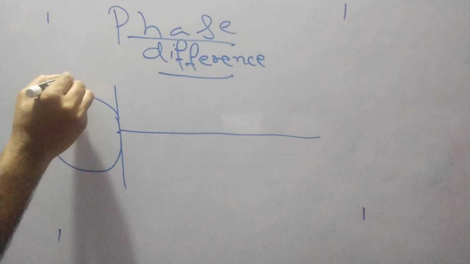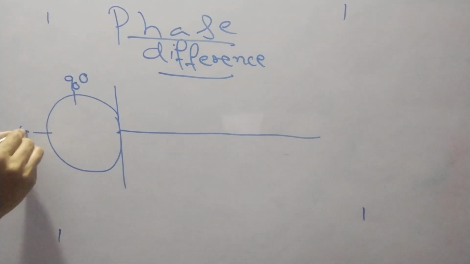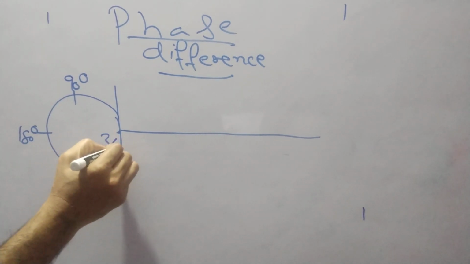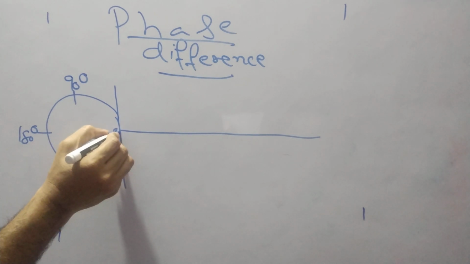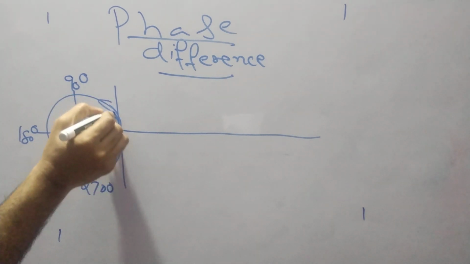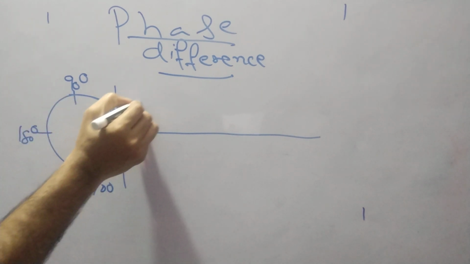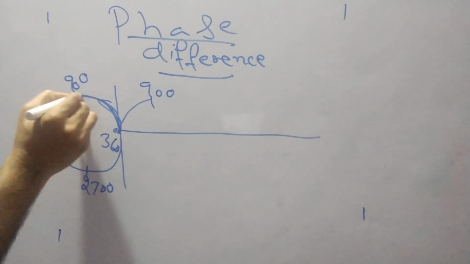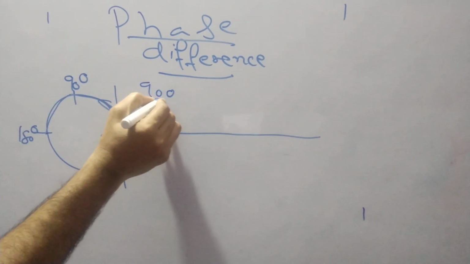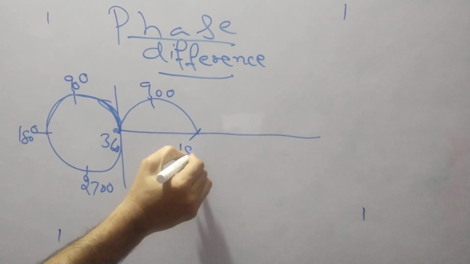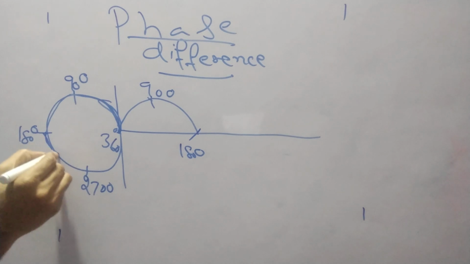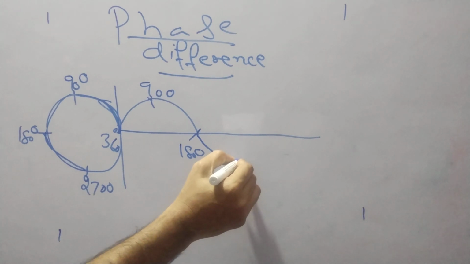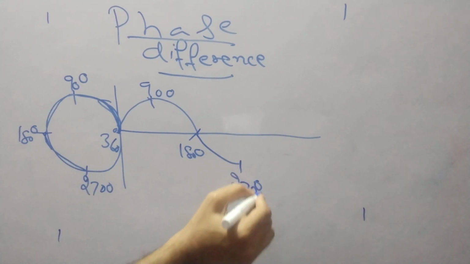so this is 90 degrees. This is 180 degrees. This is 270 and 360. This is the zero position. When it is moving like this, the wave is like this. So this is 90 degrees. When it is moving downward, this is 180, then 270.